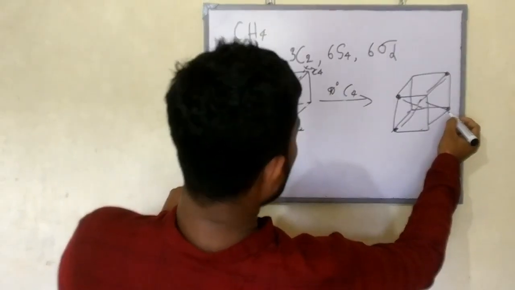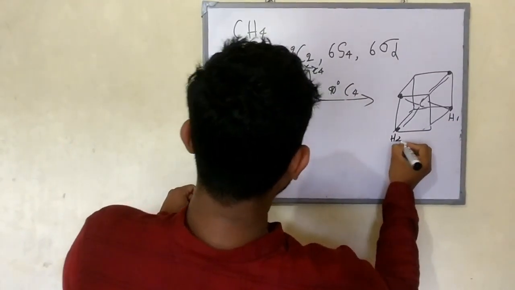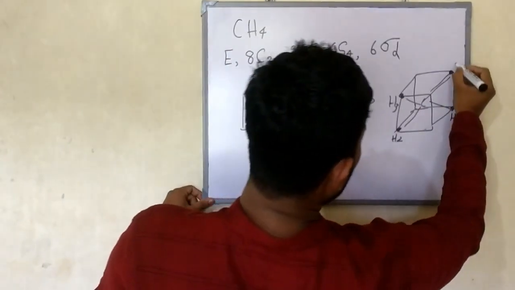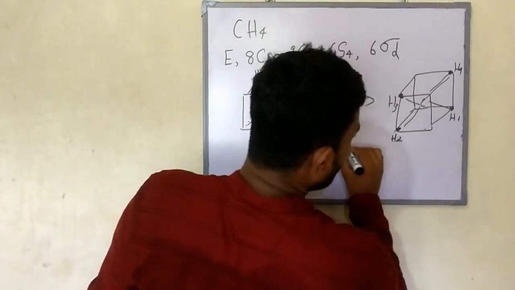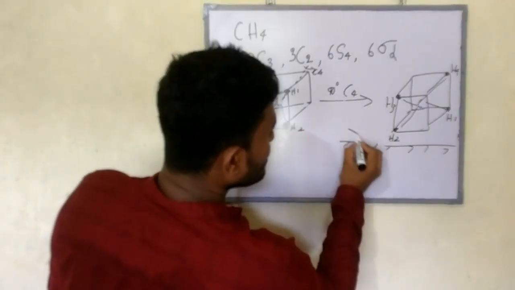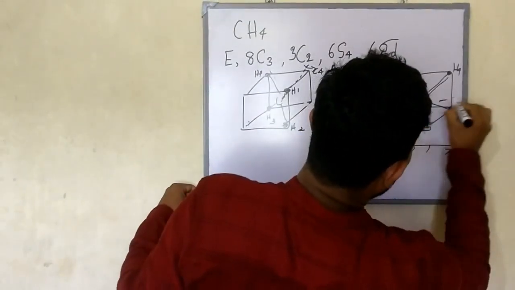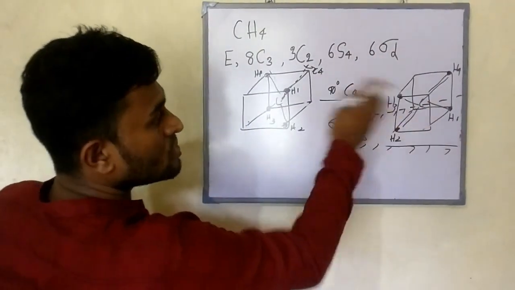So this is your H1 now. This is your H2 now. And this is your H3 and this is your H4. Then you want to put a mirror plane. That mirror plane is a sigma h. So that cuts these two parts into two halves.